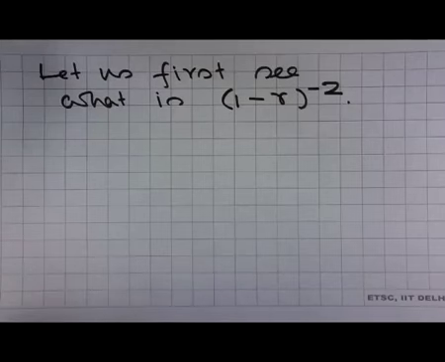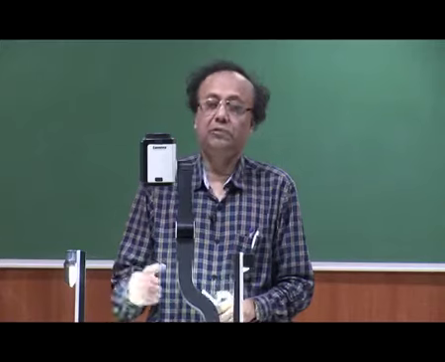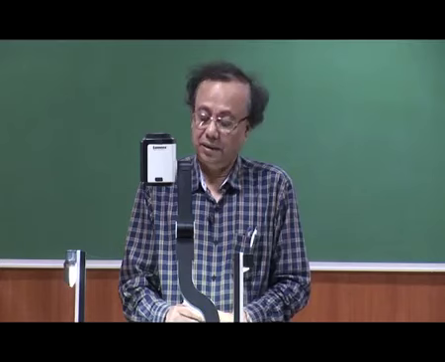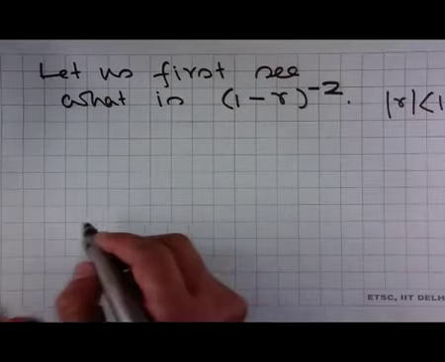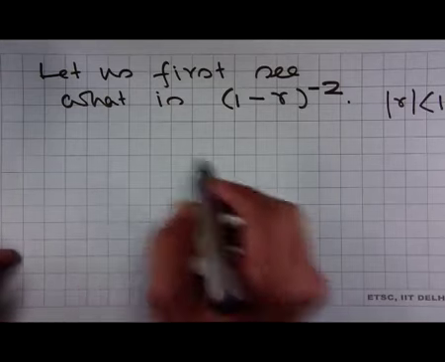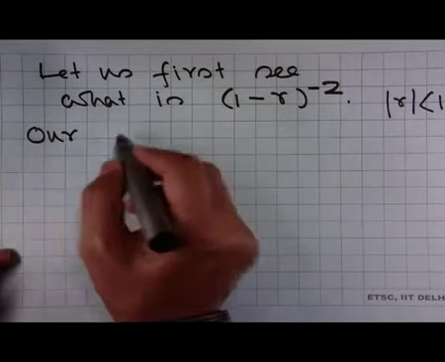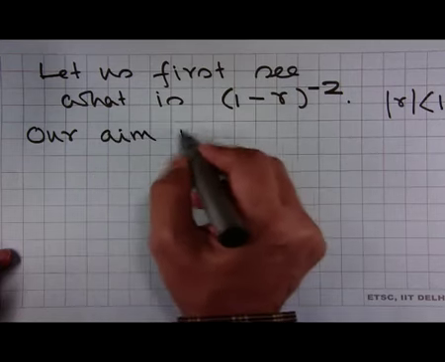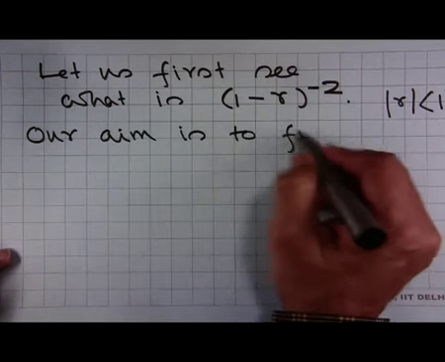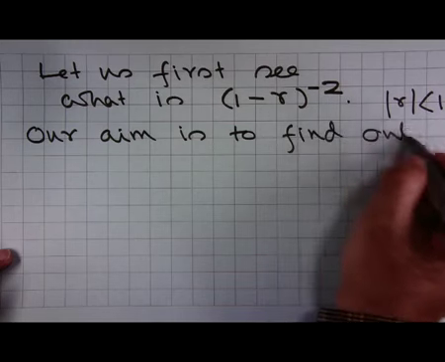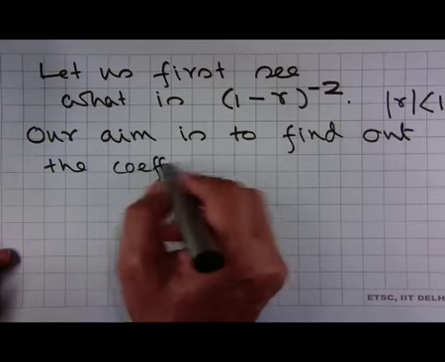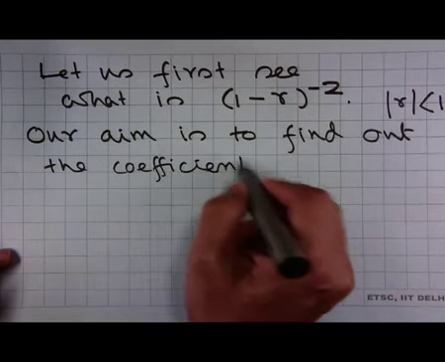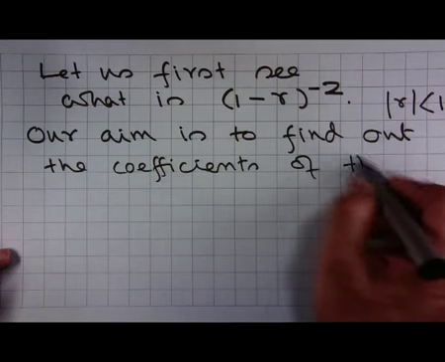Again, we assume that we can write it as a polynomial in r, which will be convergent for modulus of r less than 1. Our aim is to find out the coefficients of the expansion.